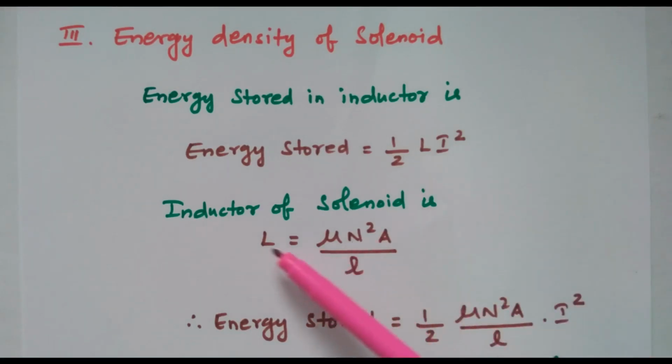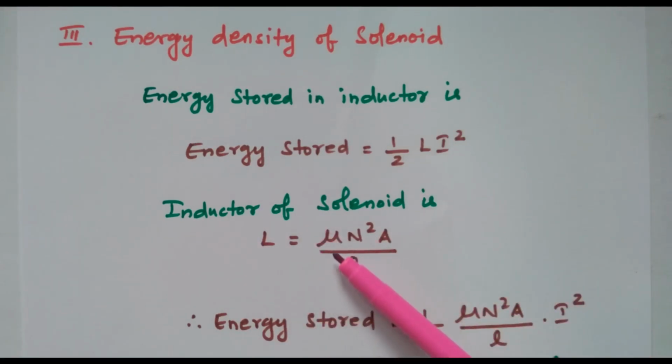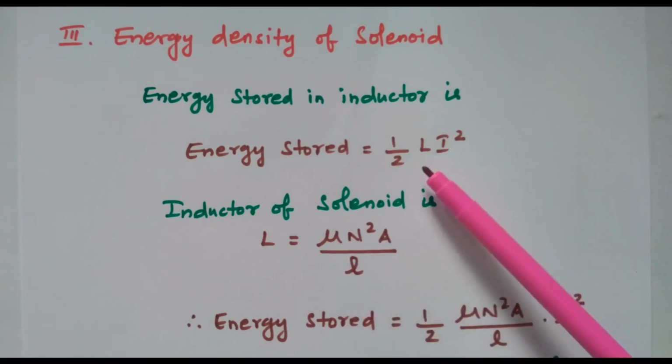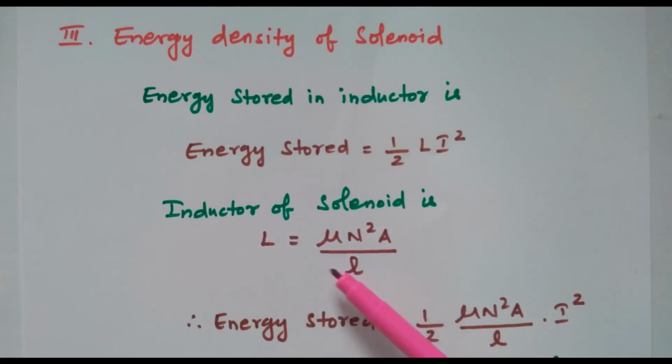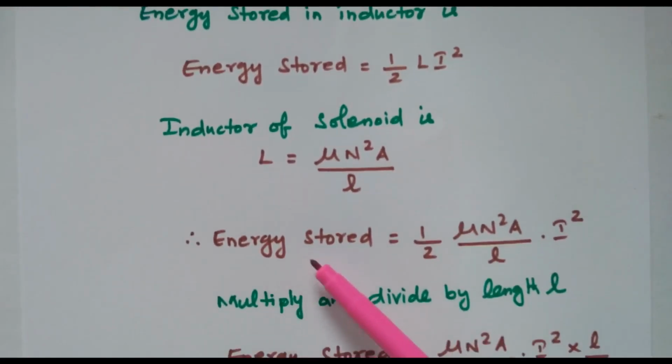The inductance of the solenoid is mu n square A by L. We replace the inductance expression with that of a solenoid. So energy stored equals half L I square, where L is mu n square A by L, into I square.